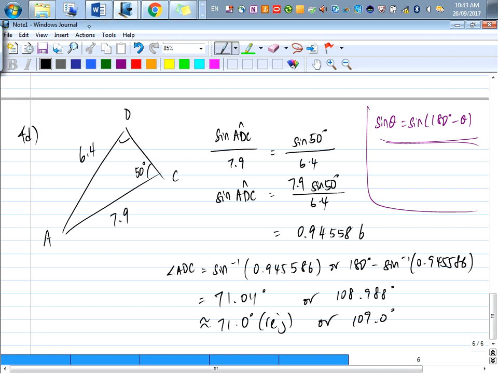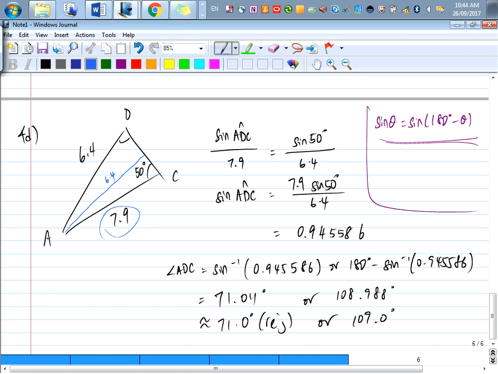Okay, so anyway, why are there 2 answers for this? Look, based on the information given, this is 7.9, 50 degrees, and 6.4. Just these 3 pieces of information. By right, I am supposed to be able to calculate this angle over here. But I can actually draw another line from A, this way, and this blue line is still 6.4 units.